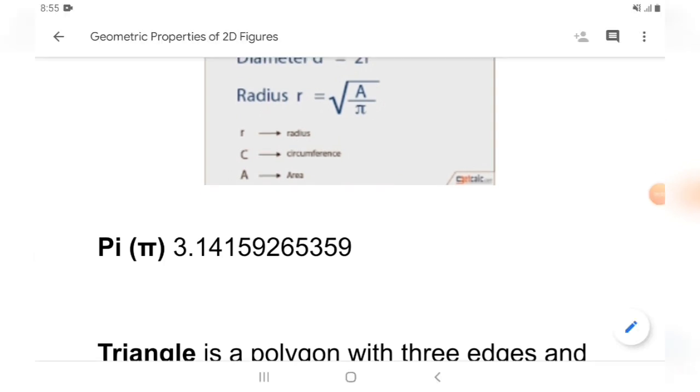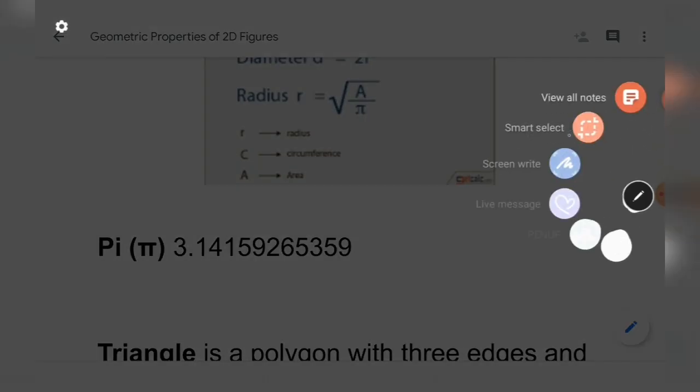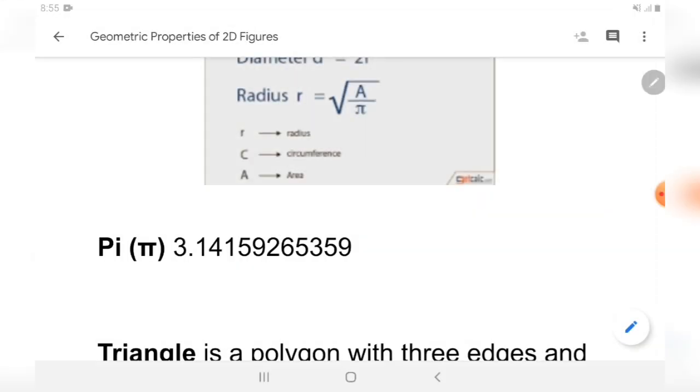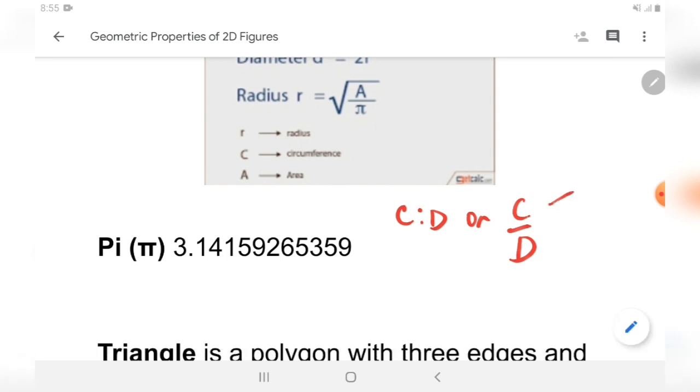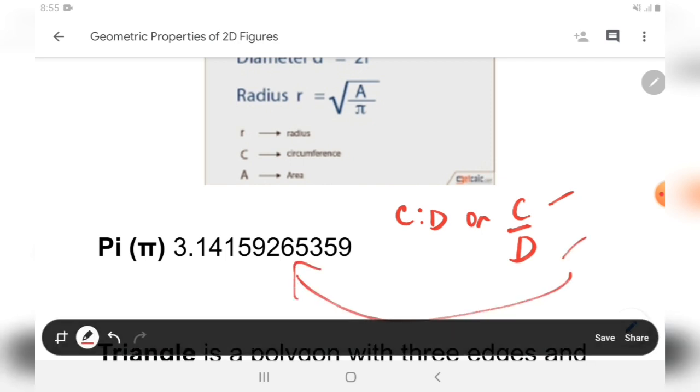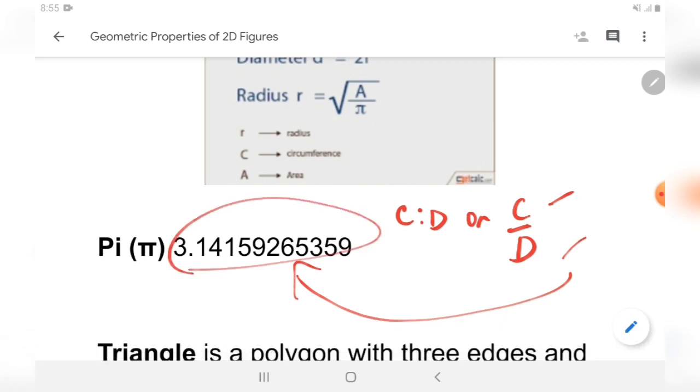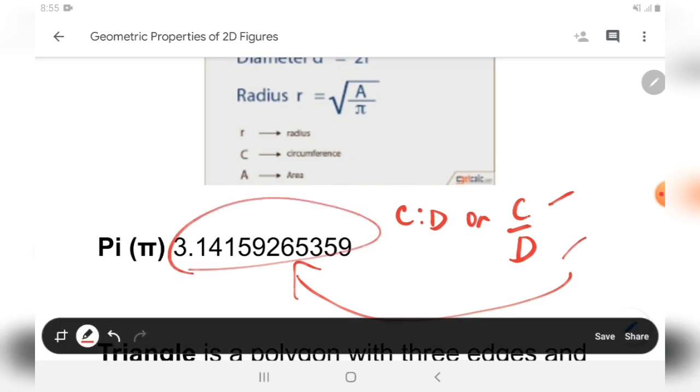Okay, what does it mean by pi? Pi has a value of 3.14159265359, and pi is the ratio of the circumference to its diameter, or we can write that as C to D, or C over D. For any circle, dividing its circumference by its diameter will give the same number, and that is the pi value.